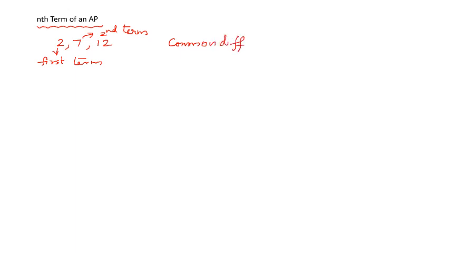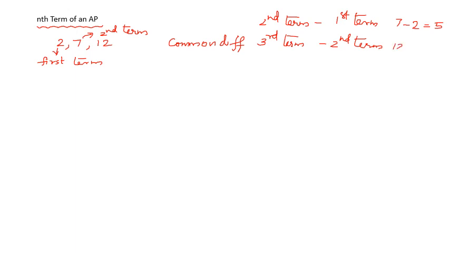Common difference is second term minus first term, or third term minus second term. In this case, 7 minus 2 is equal to 5. Third term is 12, 12 minus 7 is equal to 5.